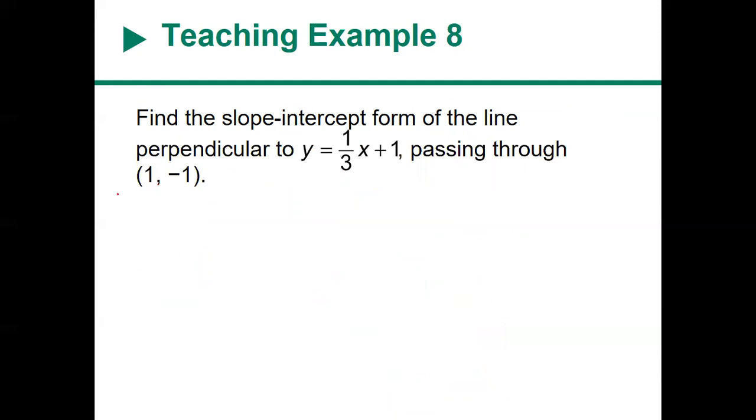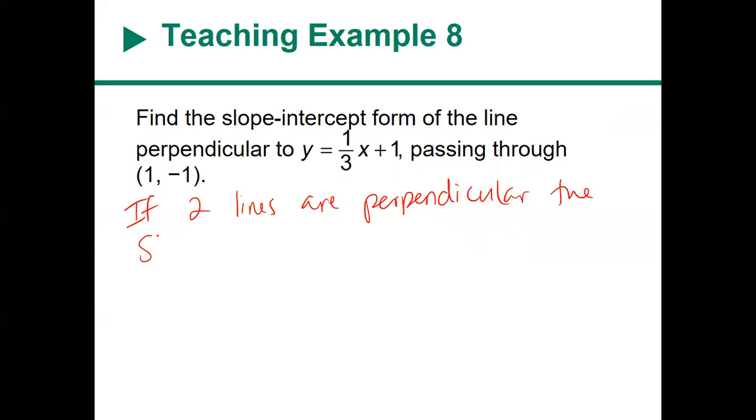So when lines are perpendicular, so if two lines are perpendicular, the slopes are what we call opposite reciprocals. So the slope would be -3.